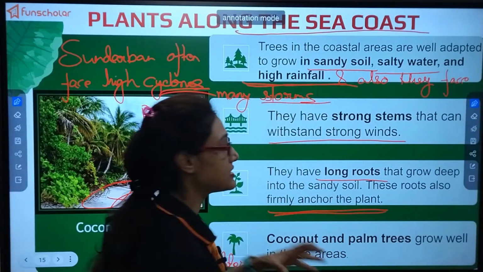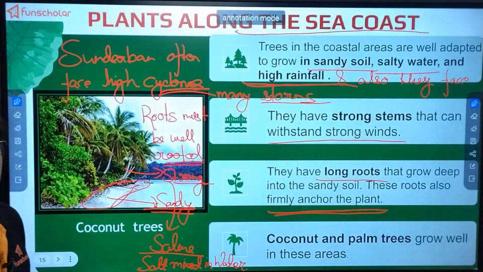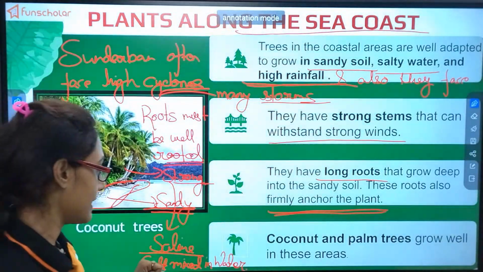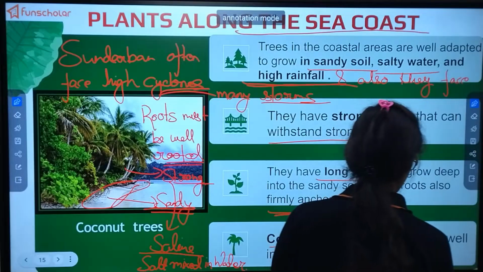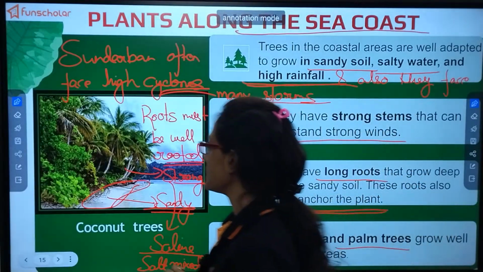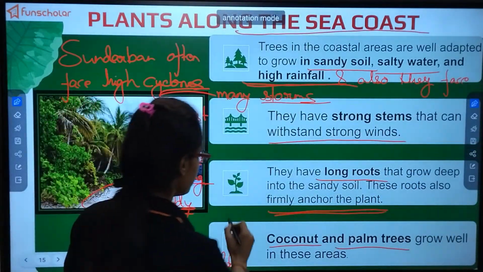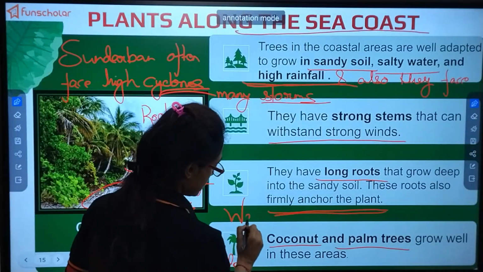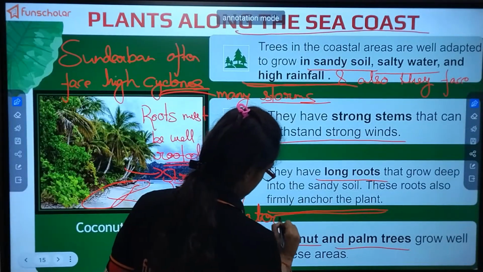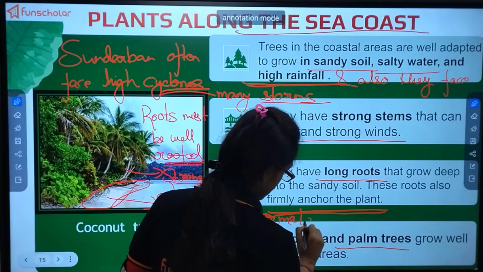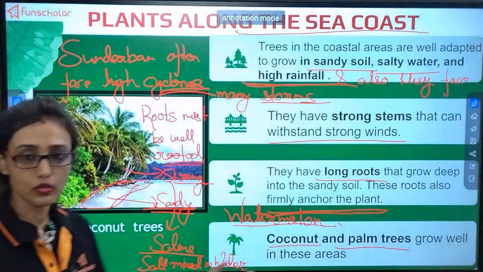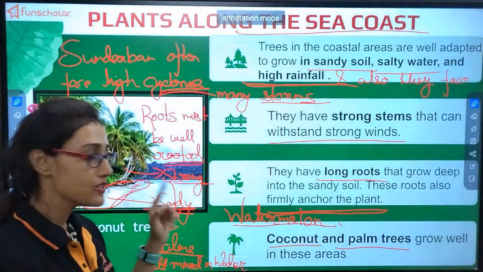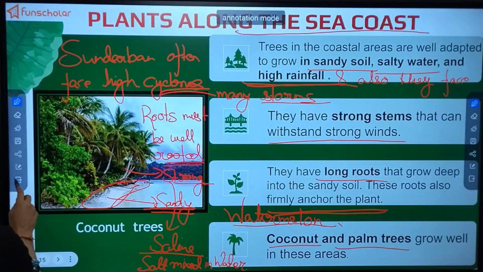Anchor the plant means they hold the plant for a prolonged time. Examples are coconut and palm trees, which grow well in this area. Another important plant is watermelon. You do like to eat watermelon, right? So watermelon also grows in sandy soil.